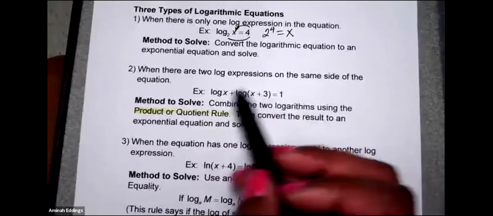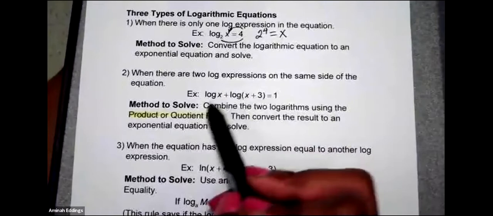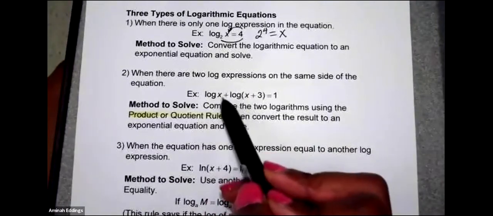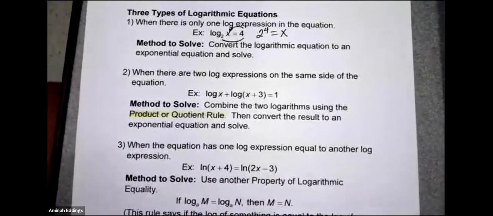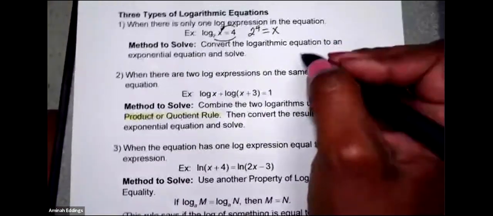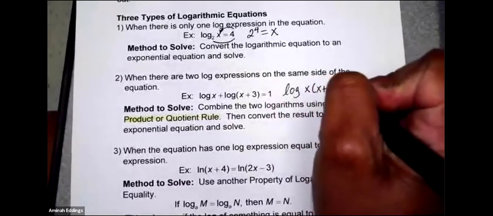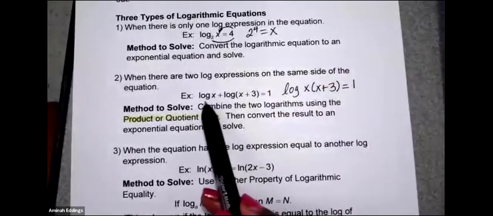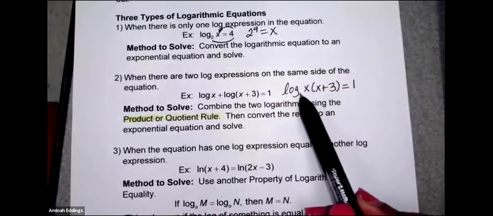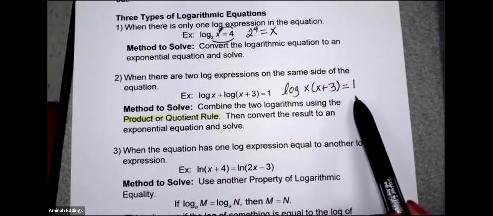So we have 2 logs. We talked about this last week. When we see addition, what can we do to combine this together? Very good, multiply. So this can become log of x times x plus 3 equals 1. Now we have one log, and then we can convert this into an exponential equation and solve it, okay?